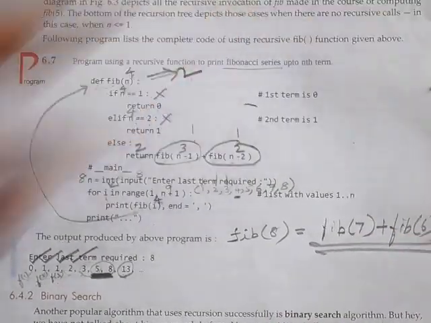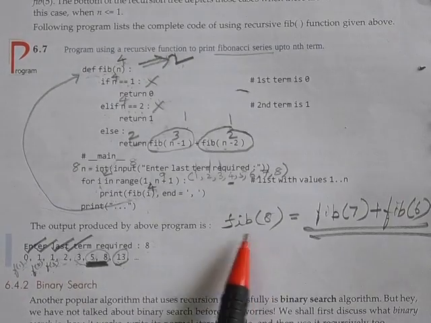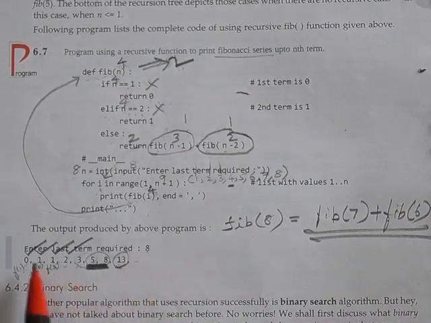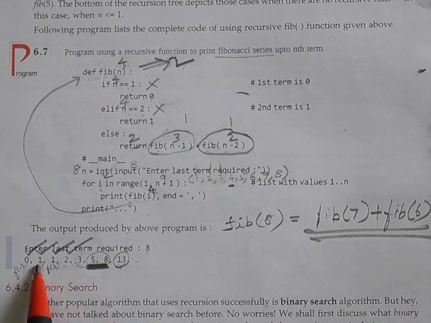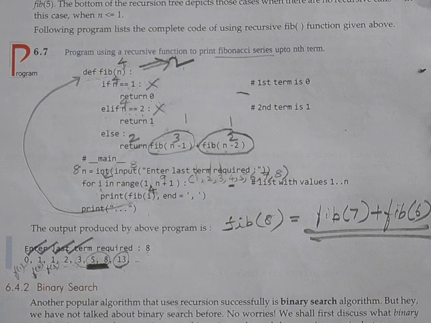That's all. But remember, 8 means you have to receive 8 numbers. So finally, we have to receive the Fibonacci series. So hope you understand. Thank you very much.